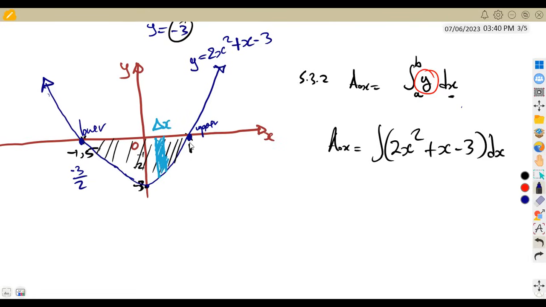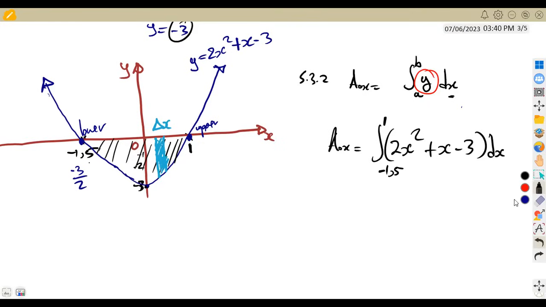So 1 is our upper value, and our lower is -3/2. This is what you do to find your area: you integrate this and substitute your limits.